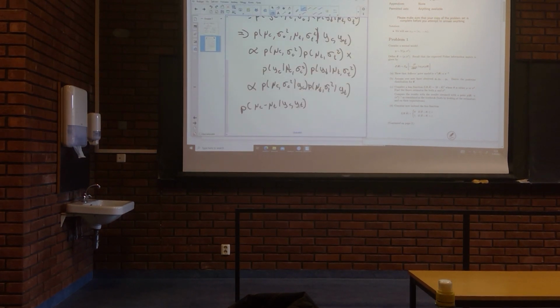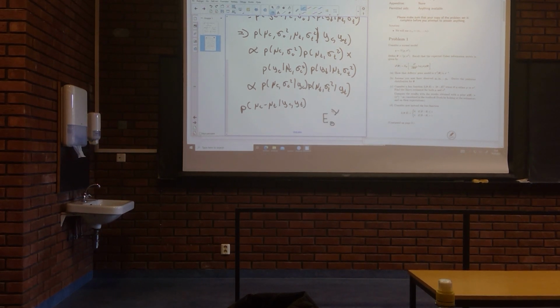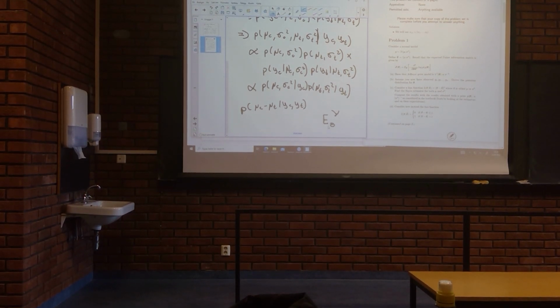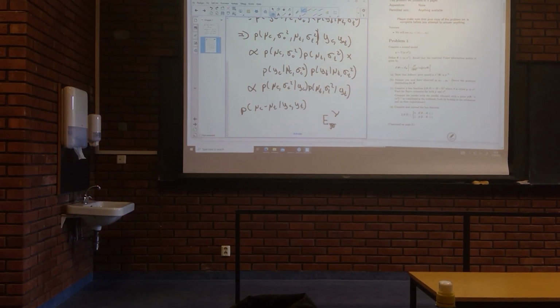So if one really wanted to write this properly, one should write the expectation like that. This means that the random part is this, and this is in substance what is fixed. It might have been a bit confusing to include that at all. But the expectation is with respect to the observations.